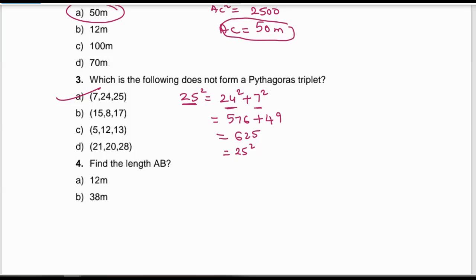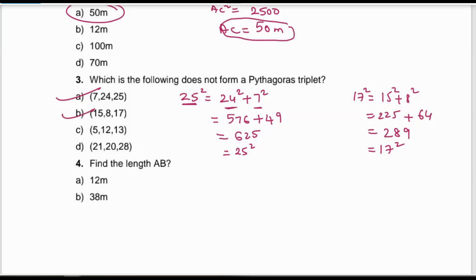Moving on with the next one, that is 17 square should equal 15 square plus 8 square. 15 square is 225 plus 8 square is 64. When you add both we get 289, that is nothing but 17 square.